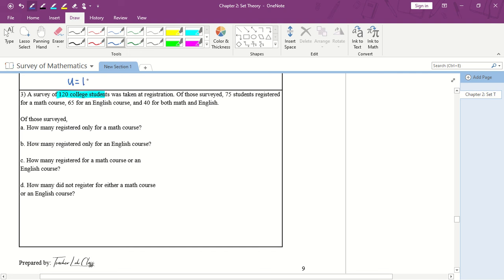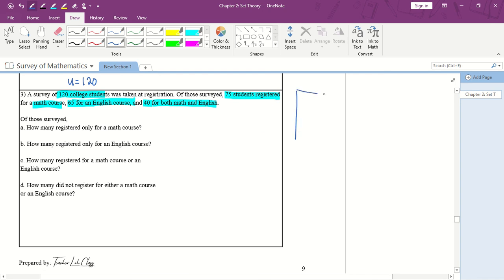U is equal to 120. Of those surveyed, 75 students registered for a math course, 65 students registered for an English course, and 40 have registered for both math and English.